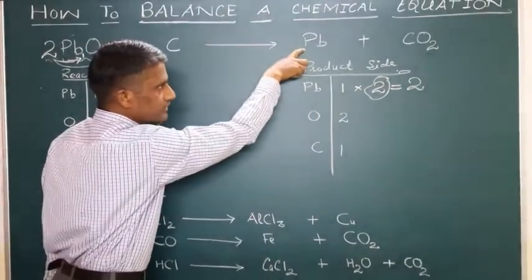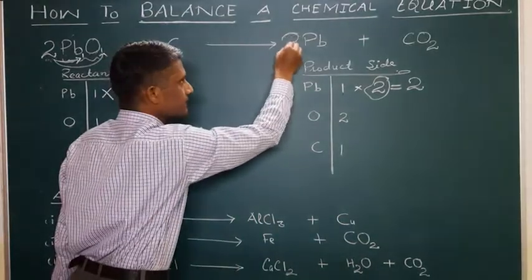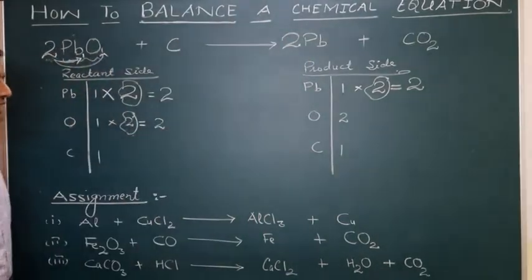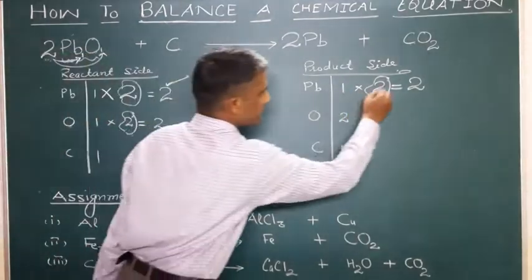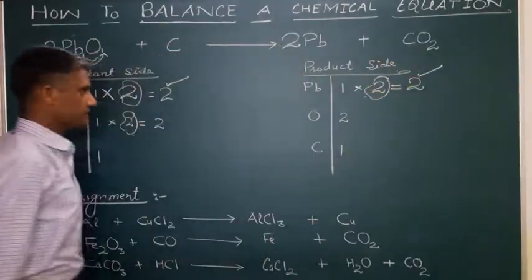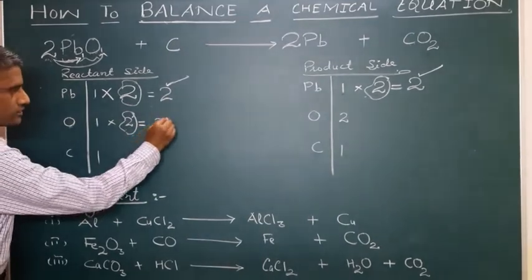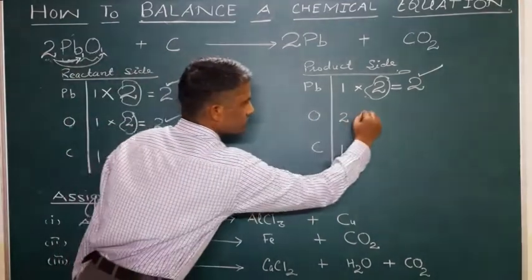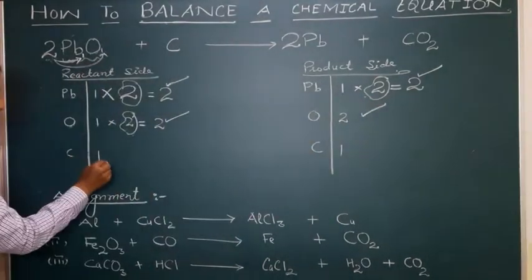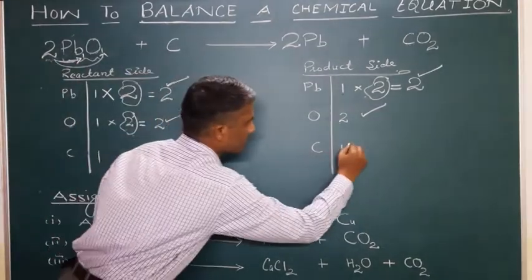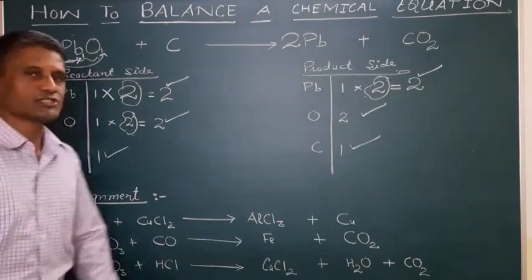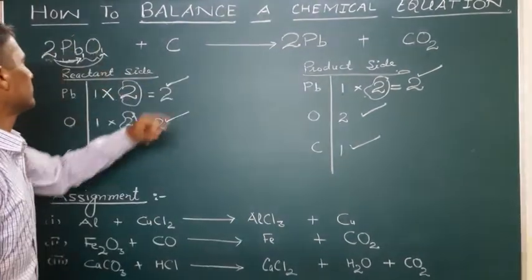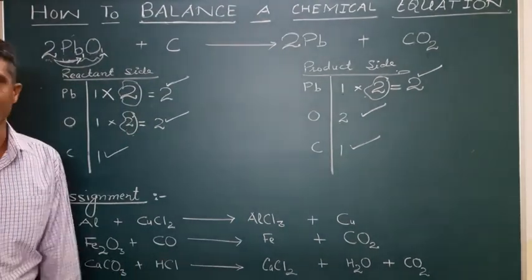It is lead, and it is being multiplied by 2 here. Then the number of atoms of lead is 2, the number of atoms of oxygen is 2, and the number of atoms of carbon is 1 on both sides. So this chemical equation is balanced.